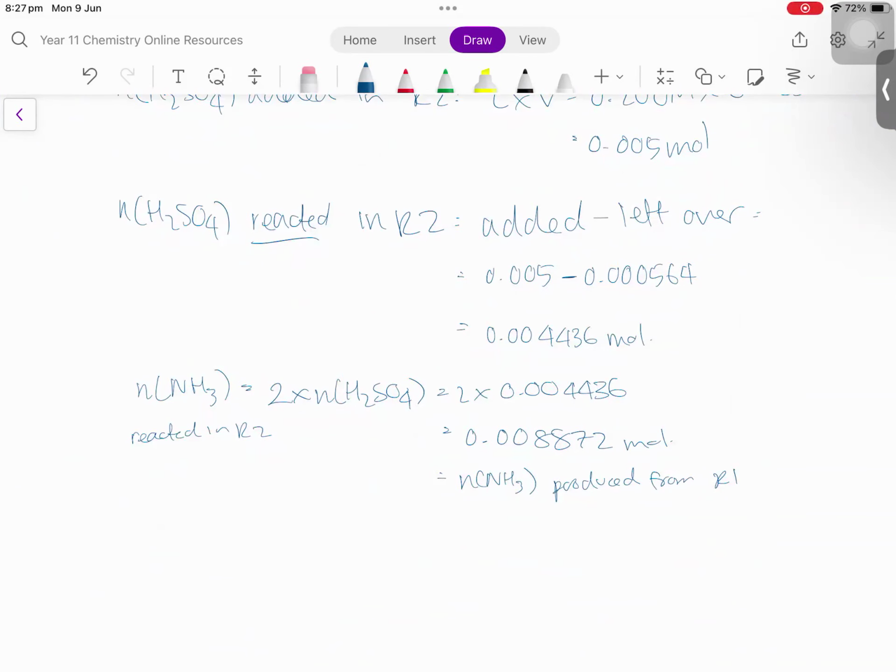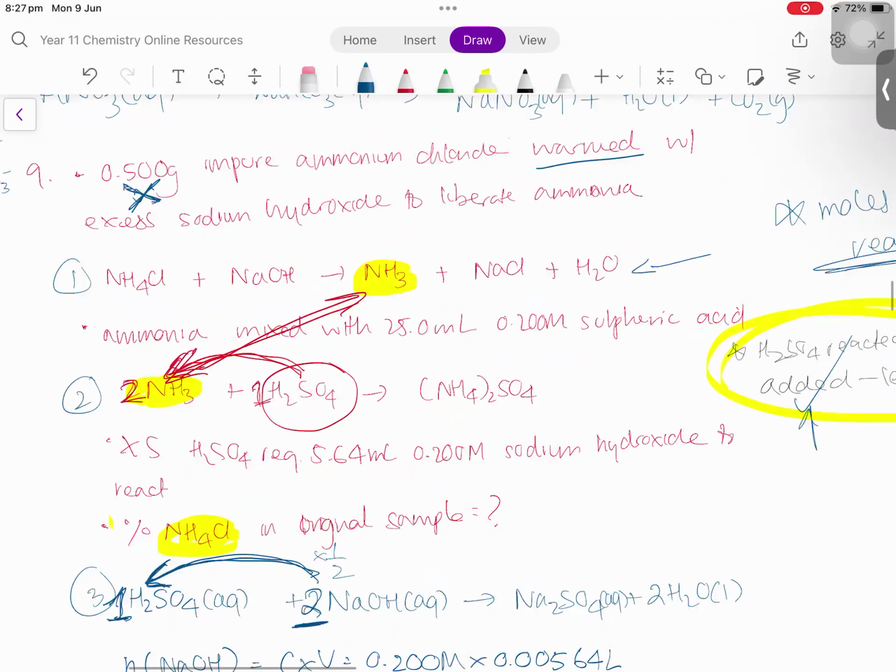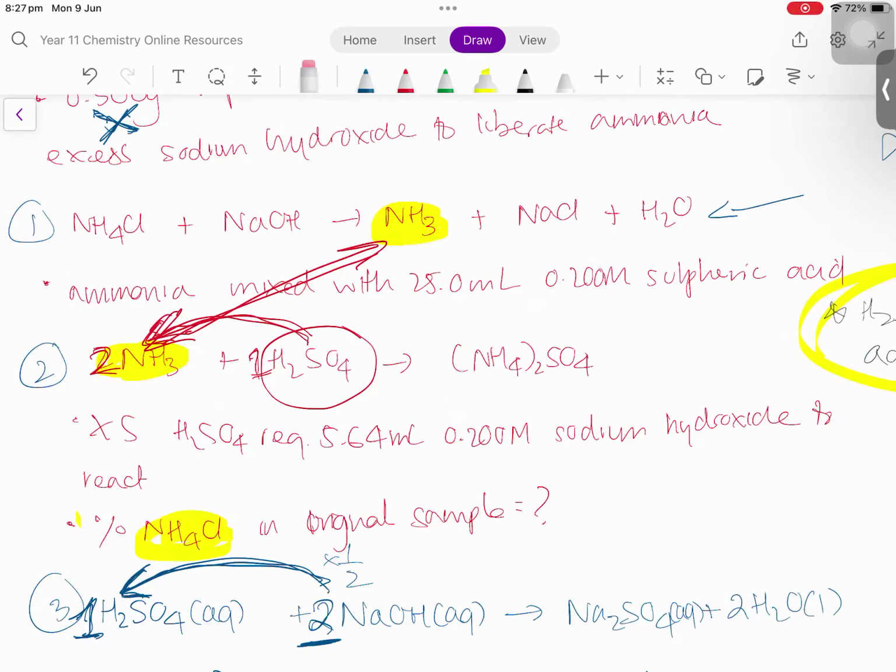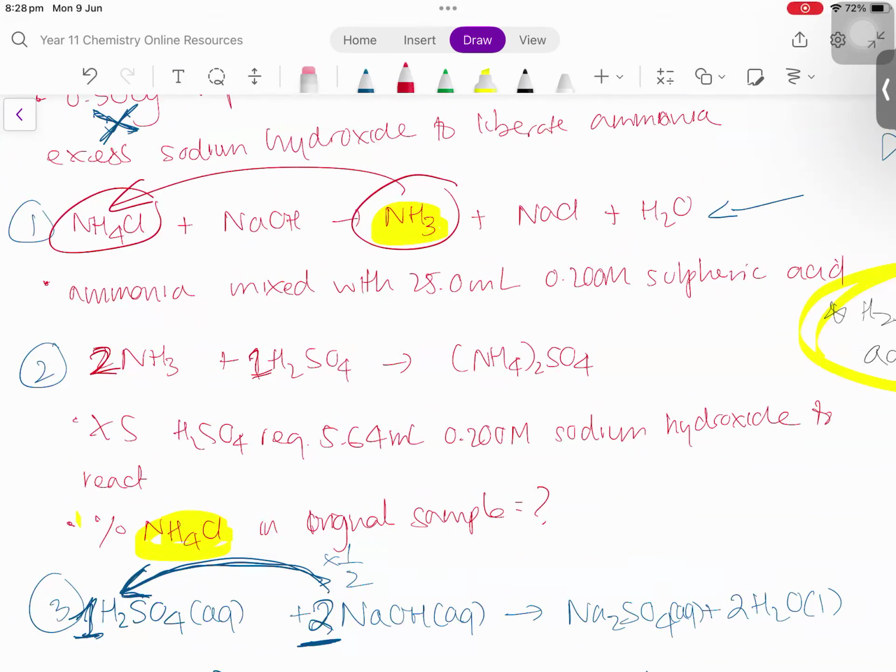So this step in the working out hasn't been too long. We still remember what the question asked us for. It's the NH4Cl. We're currently at the NH4. So let's go back. Have a look at the ratio for me. You're currently at the NH4. What do you want to do to get to the NH4Cl? Yeah, there's no numbers in front of it, so the numbers are both 1, which means it's a 1-to-1 ratio.